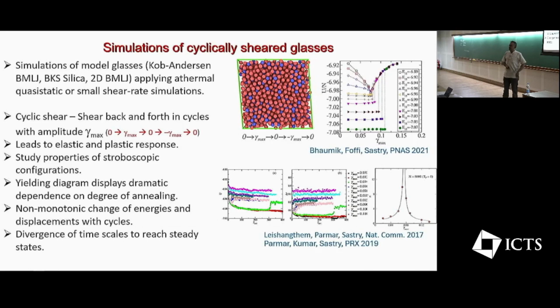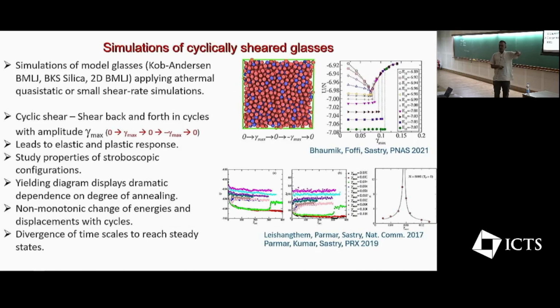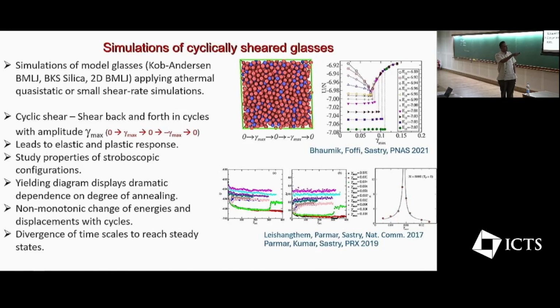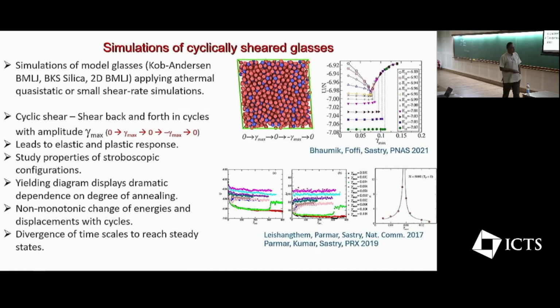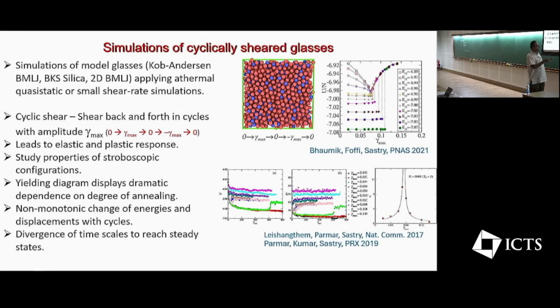So the energy of the glass will go to lower and lower energies before something triggers failure in the system, and the energy goes up. This is also accompanied by some measure of reorganization in the glasses, also exhibiting non-monotonic behavior. So this is one thing that we would like to have some way of describing and understanding.